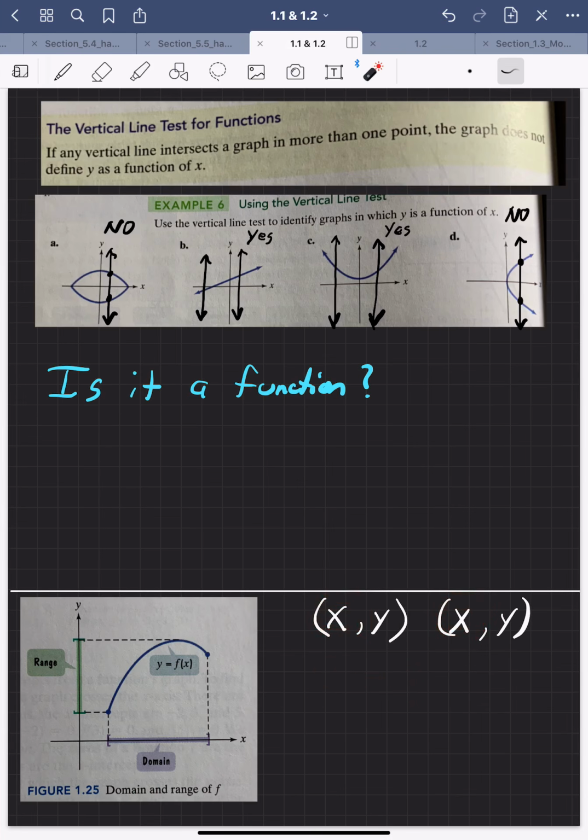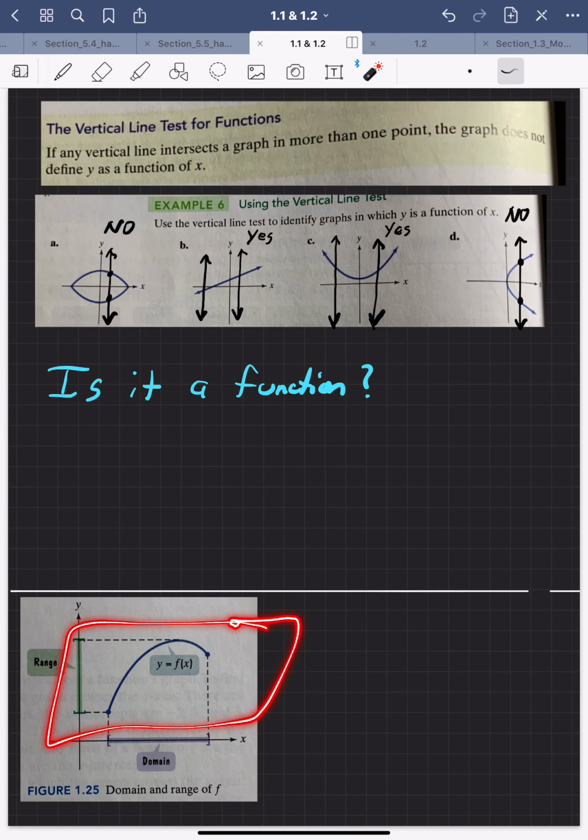But what if, instead of just giving you points, I were to ask you, for example, let's take this graph right here? Oh, my apologies. Take this graph. What if I were to ask you the domain of this graph?